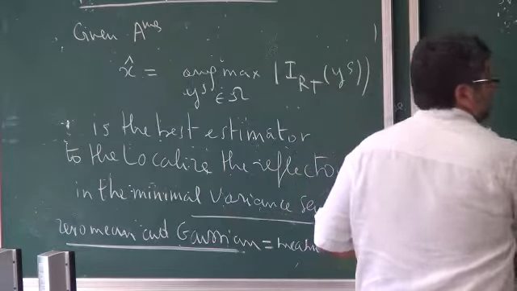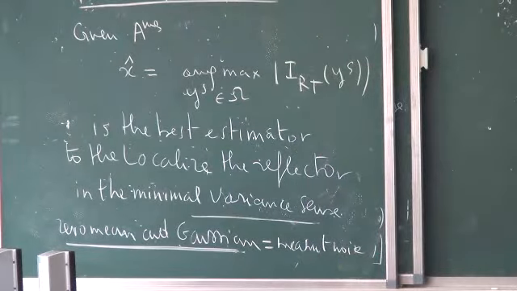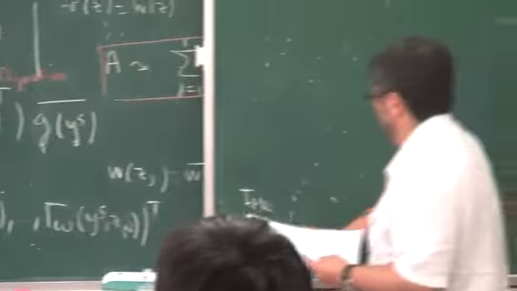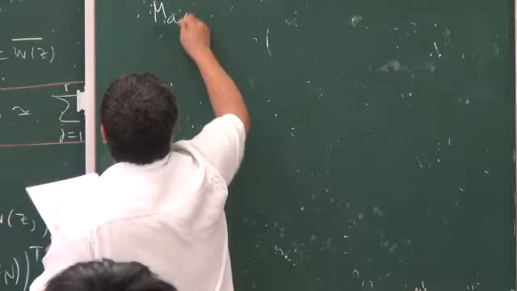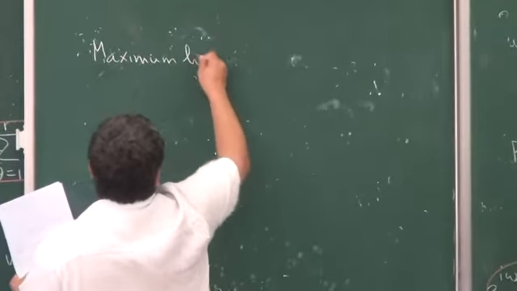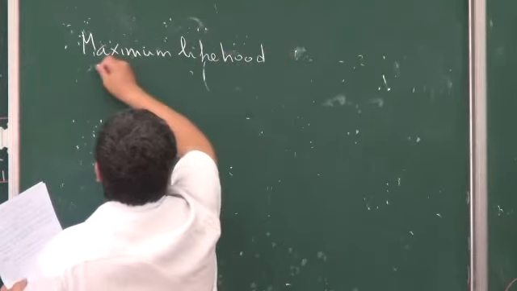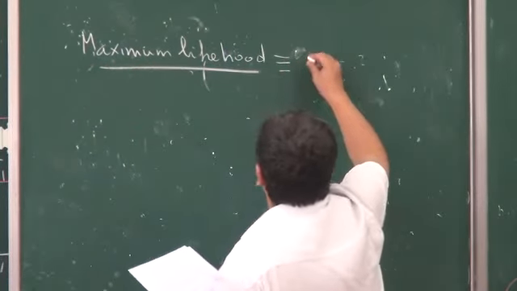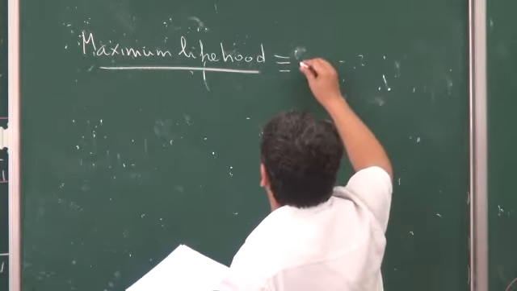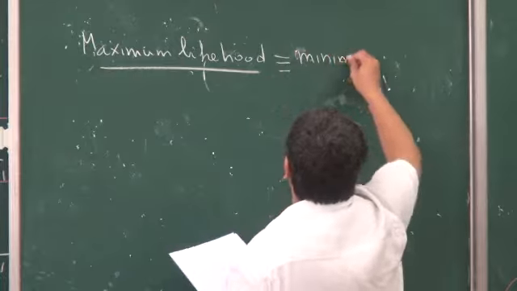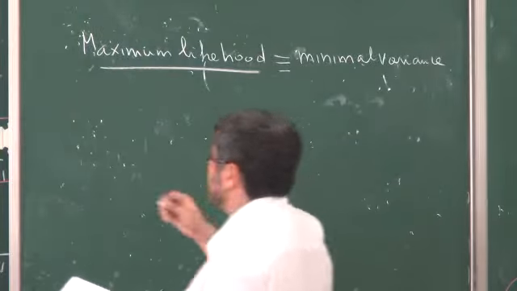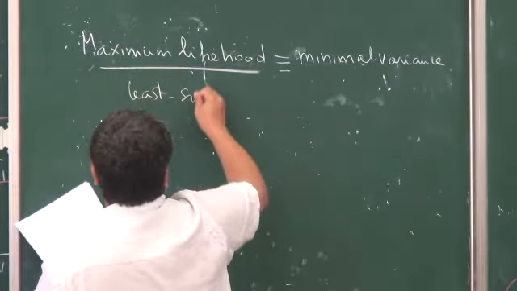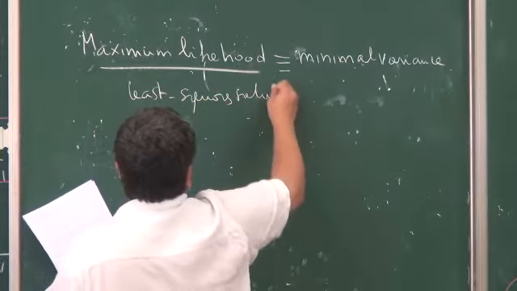So maybe I don't have to say more about it, but maximum likelihood sense is equivalent to minimal variance sense for this least squares problem, for the least squares solution.